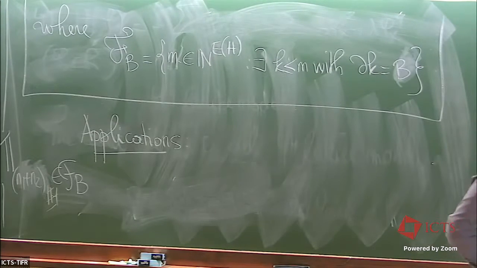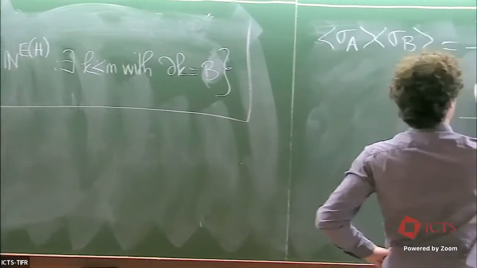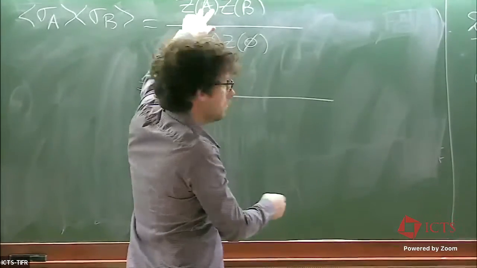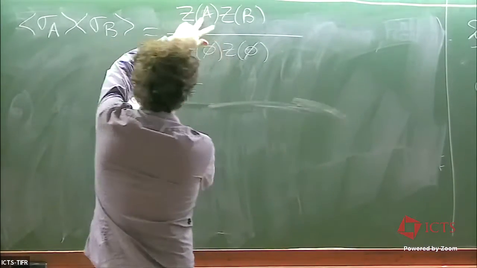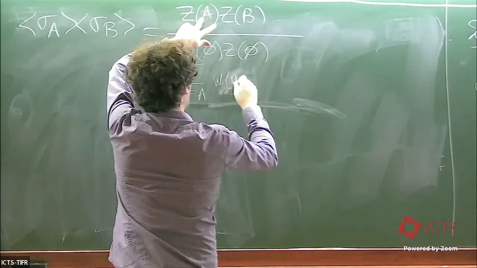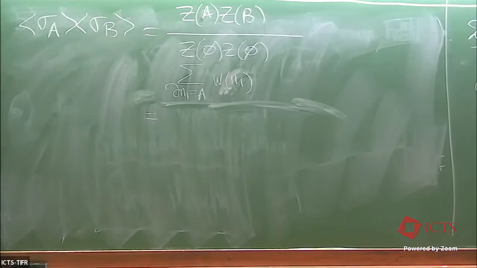If I write it in terms of currents, what does it give me? Here I have a sum. The first is a sum over n1 with sources A of w beta and w of n1.